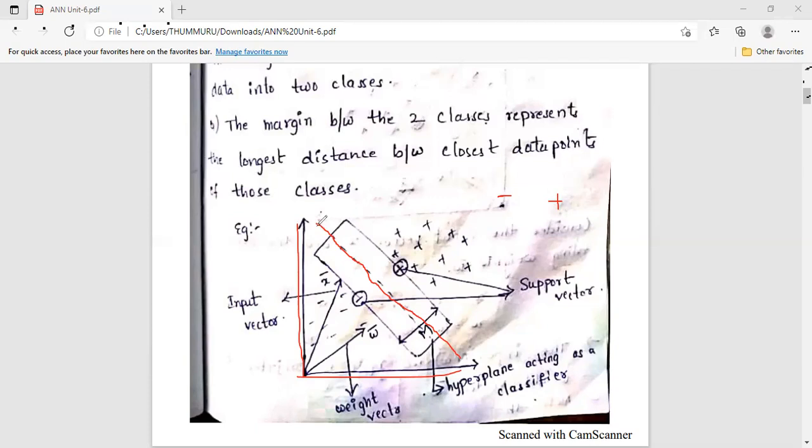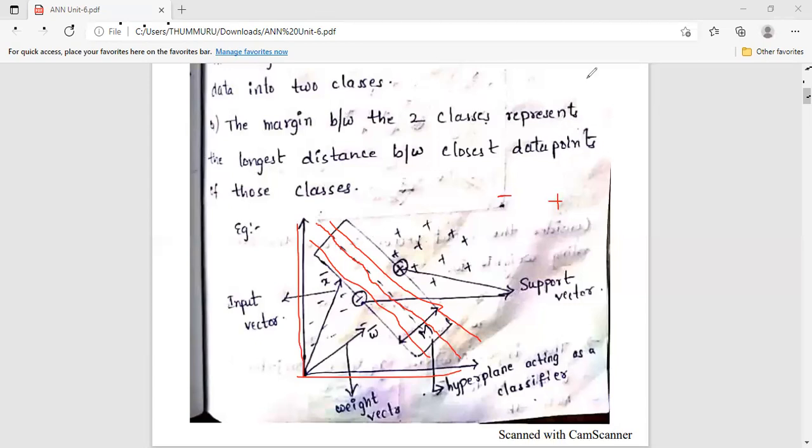You can draw this line anywhere, at this position or at this place, and by drawing a single line, you can separate these two classes, isn't it? Within this area you can draw this hyperplane anywhere to separate the given data points, right?